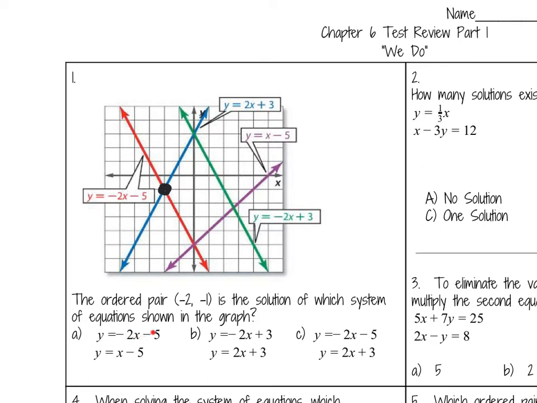This one has the -2x minus 5, but it does not have the 2x plus 3. Here I've got my 2x plus 3, but I have the wrong one here. This is -2x plus 3. But here I've got my -2x minus 5 and the 2x plus 3. So my answer, of course, here is C. And so the answer to number 1 is C.